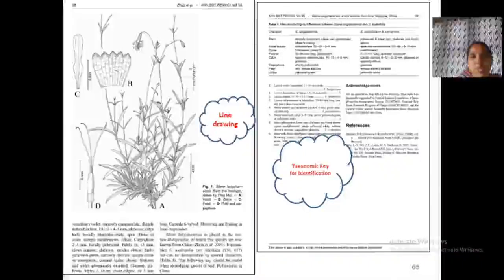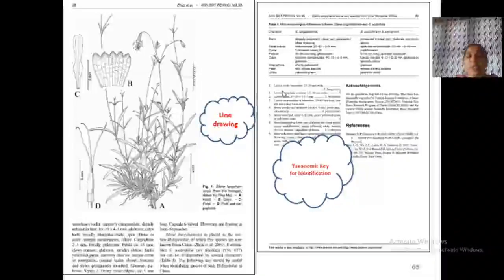See, the taxonomic description follows. A line drawing is required, a taxonomical drawing, known as illustration. In the illustration, the whole habit, then flowers, then some important specific parts based on which species are distinguished, and then the taxonomic key for identification.